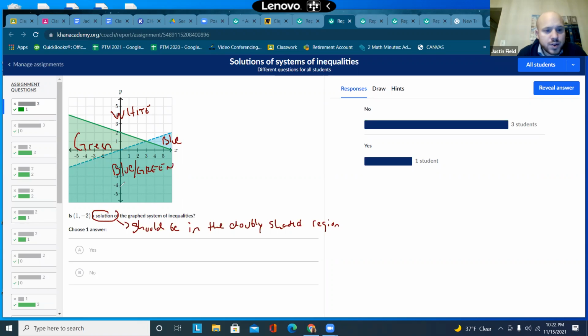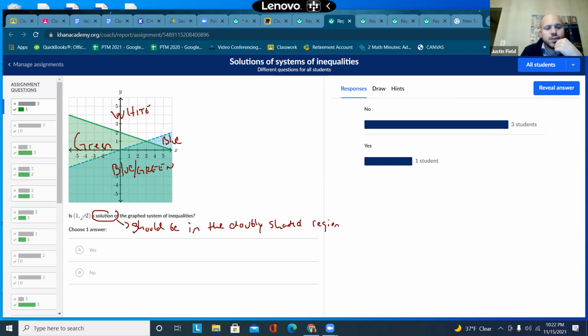All right, so anything in this region here that is shaded both blue and green is a solution to the system of inequalities. What happened was we graphed both these lines and then we shaded, and this is the area where you had to shade for both lines.